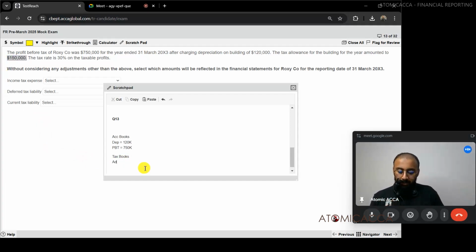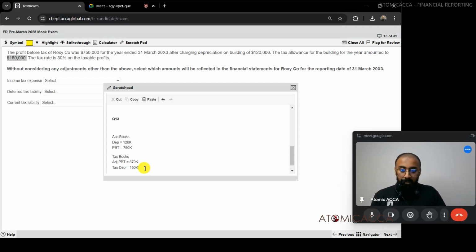So adjusted profit before tax would be equal to 750,000, which is after deducting 120,000. So when I add it back, it will be 870,000. Then I can minus out the tax depreciation. So tax depreciation allowance is how much? 150,000.